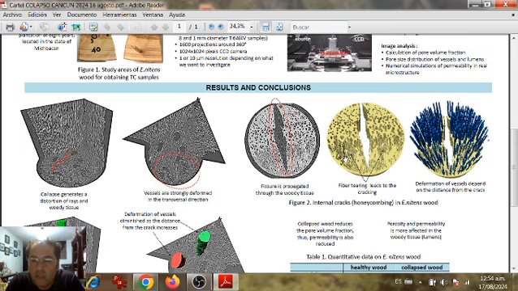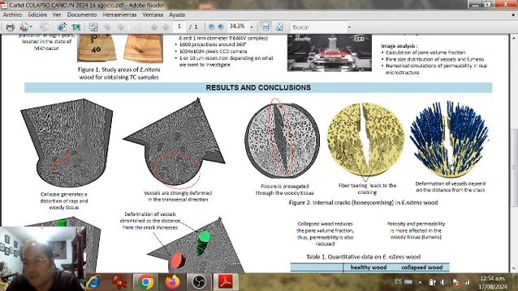So we notice that this tearing is due to higher pressure developed during the drying process, because we found more complicated channels that connect with the vessels in order to evacuate the water, the humidity, from the wood.